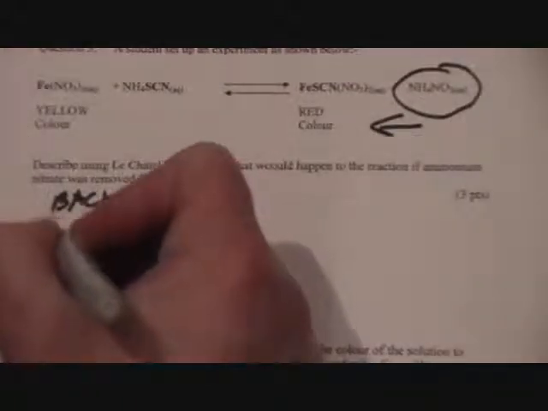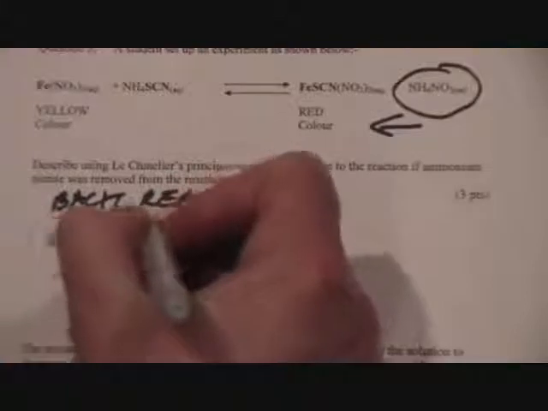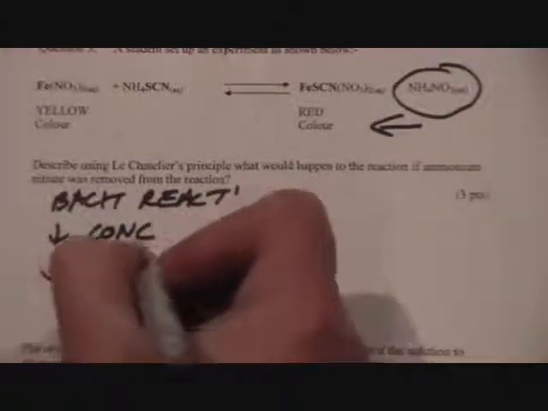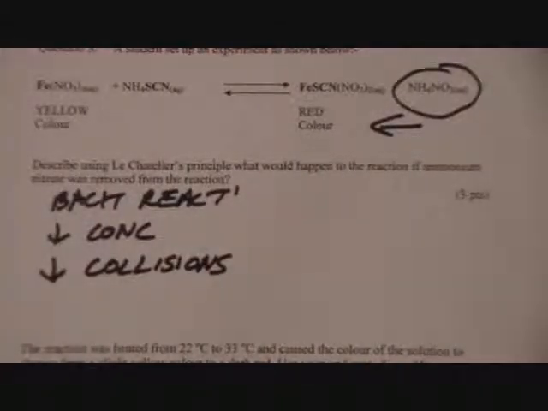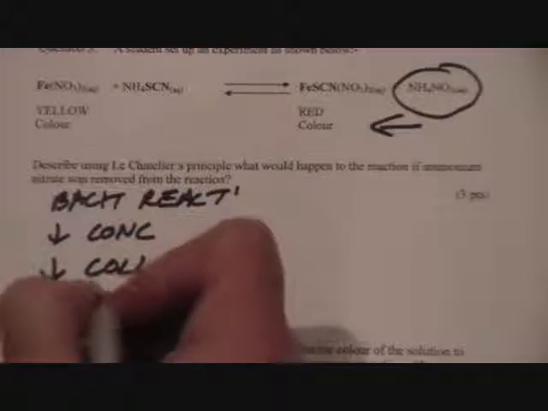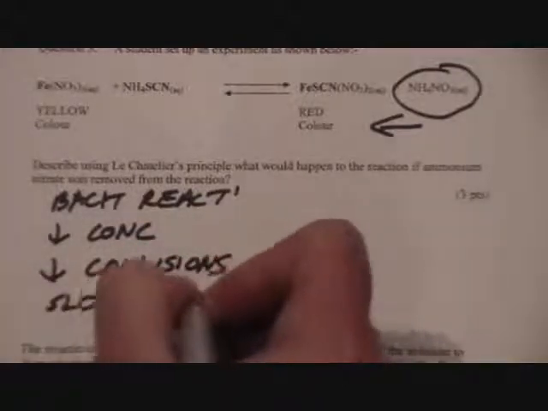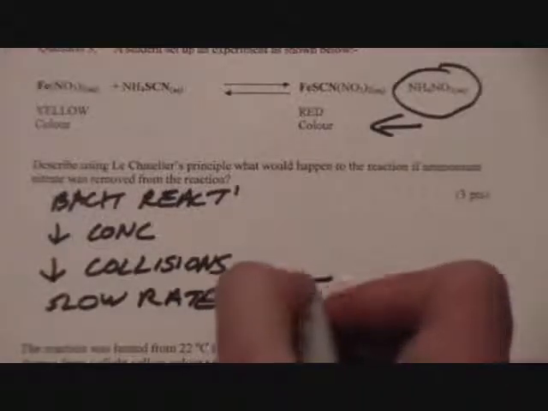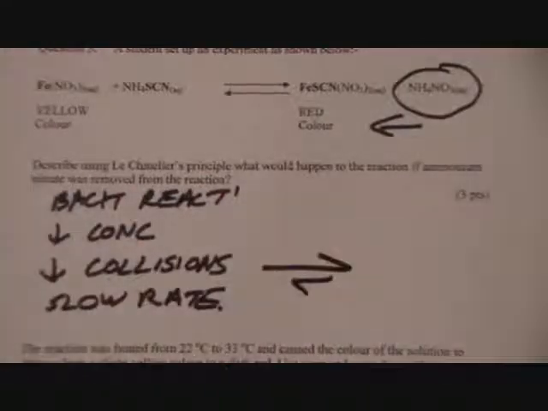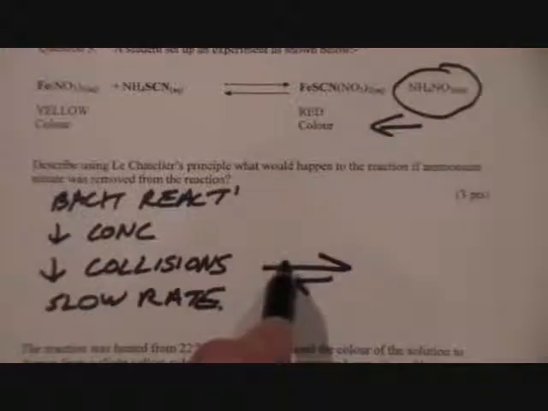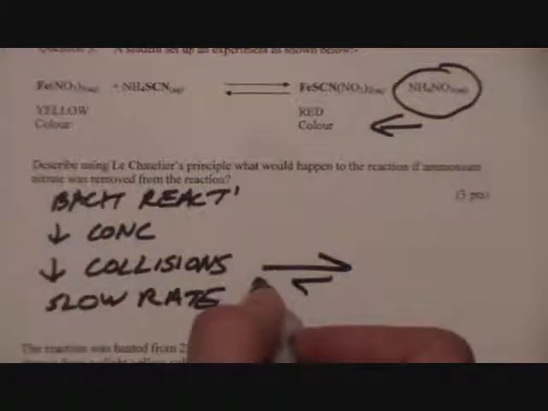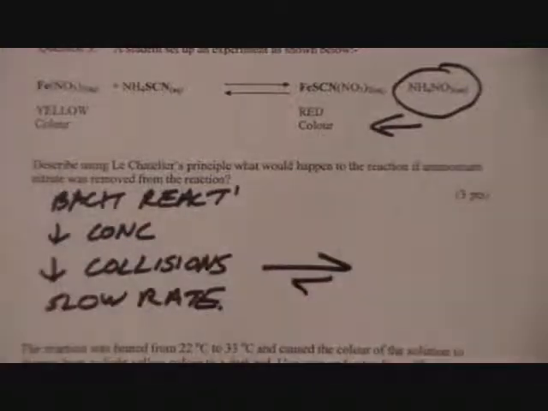We're reducing concentration, which reduces the number of collisions, and will slow the rate of the back reaction. So the back reaction is happening slower, and the forward reaction is favoured. So the position of equilibrium moves to the right.